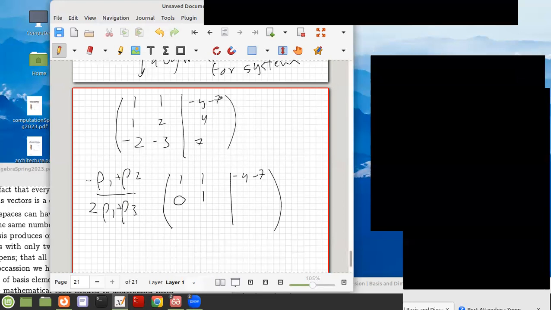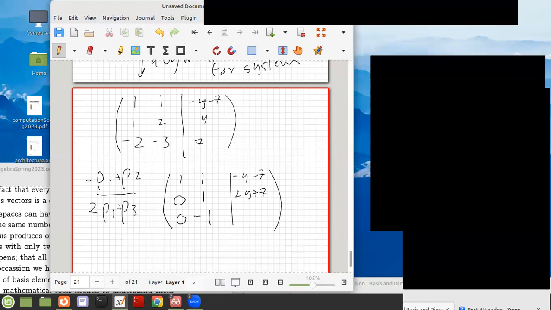And minus this thing would be y plus z plus y, so that's 2y plus z. Then this one here would be plus 2 times 1 is 2 plus minus 2 is 0. 2 plus minus 3 is minus 1, right?